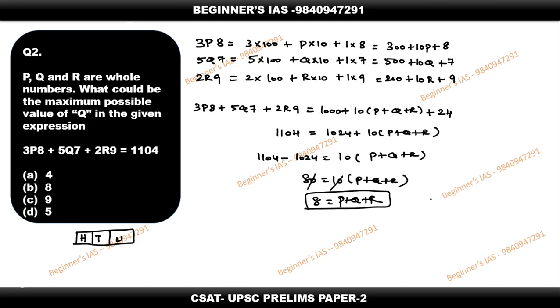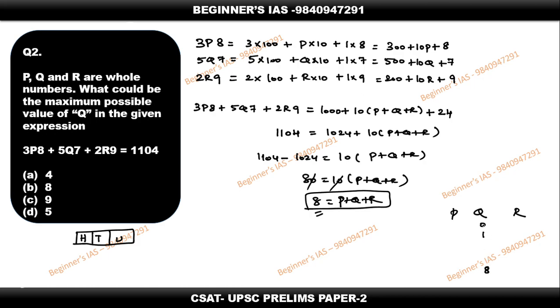Here it is asked what would be the maximum possible value, but be sure that these are whole numbers. Whole numbers start with 0. For the maximum value, we can take the minimum value 0, then go up to a maximum of 8, since P plus Q plus R is going to be 8. So that is the maximum.